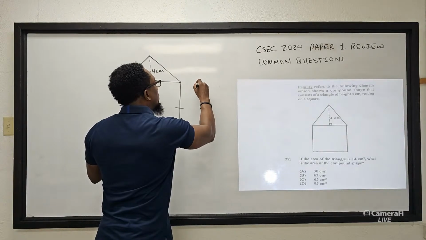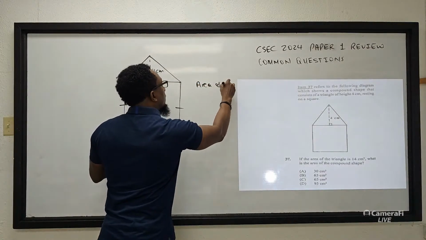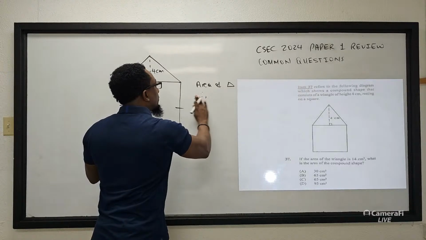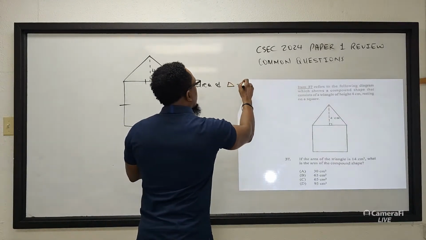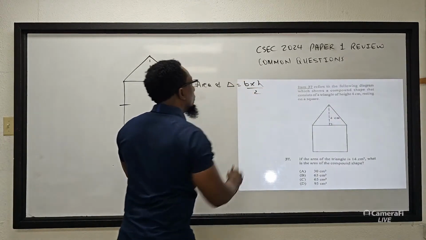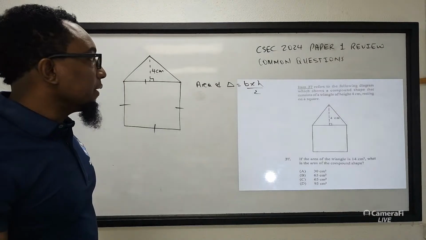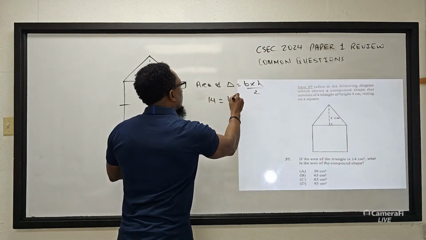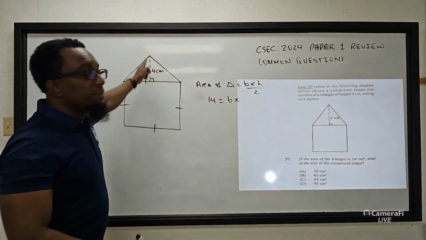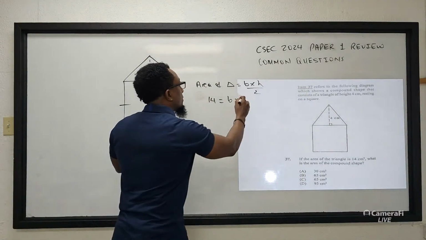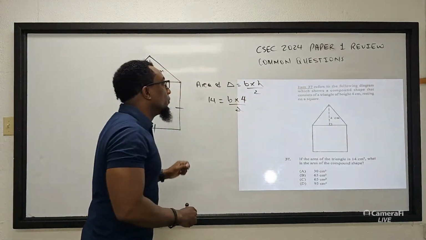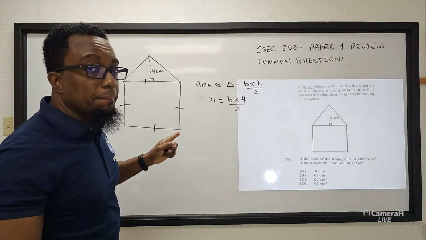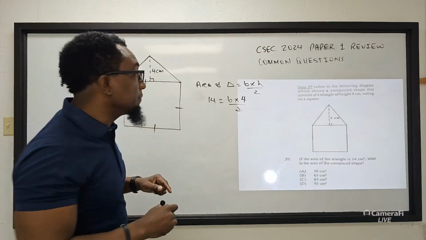The area of a triangle is base times height all over 2. They gave us the area of the triangle, which is 14 cm squared. The height of that triangle is 4 centimeters, all over 2. So I can now work out the base, which will give me the length of one side of the square.